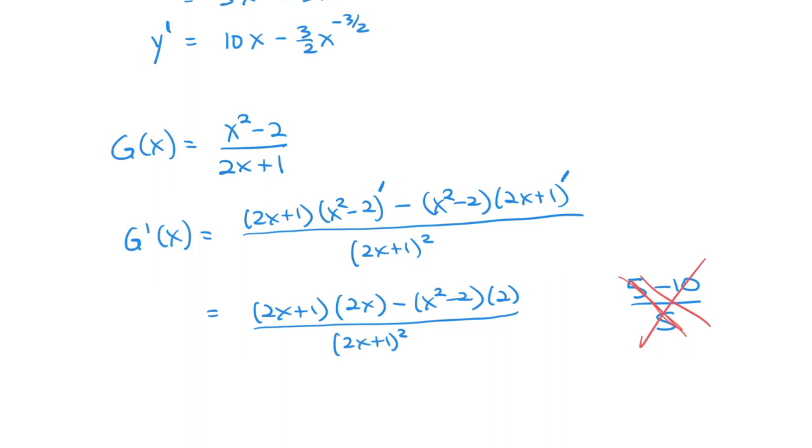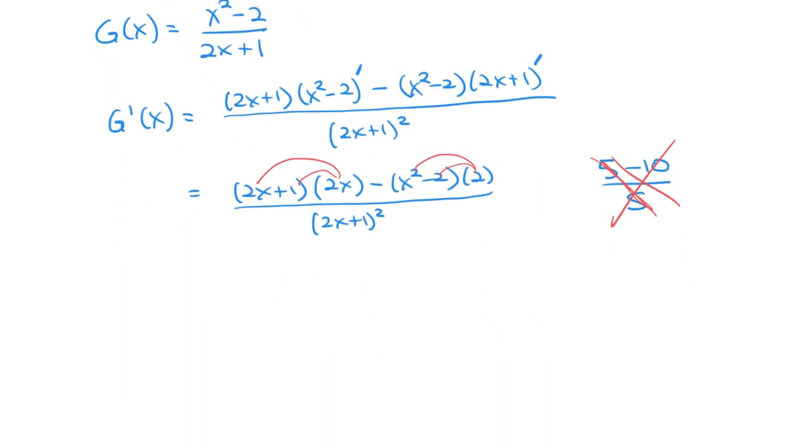But remember, we always want to clean up the numerator. Every time you do the quotient rule, you should think, I should clean up that numerator. And so that means we should distribute this through here, distribute this through here, and see what we get. But be really careful. There's a negative here, right? So this negative has to, at the end, get distributed through this whole thing here. So let's see what that gets us.